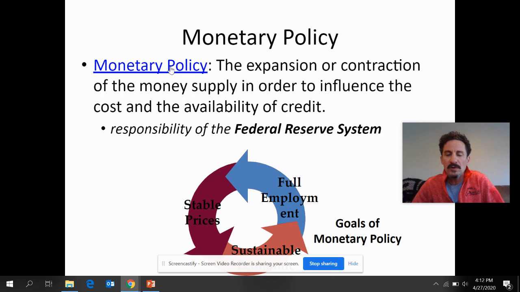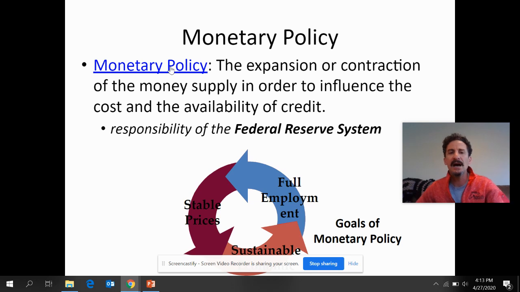The Federal Reserve also has the ability to print money and control the interest rates by which people and other banks borrow money. So by raising and lowering that interest rate, they can either influence people to borrow money or they can influence people to save money and invest money. And that either speeds up the economy or slows it down, depending on what they're seeing.